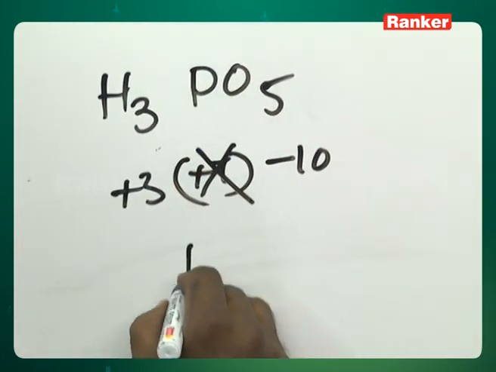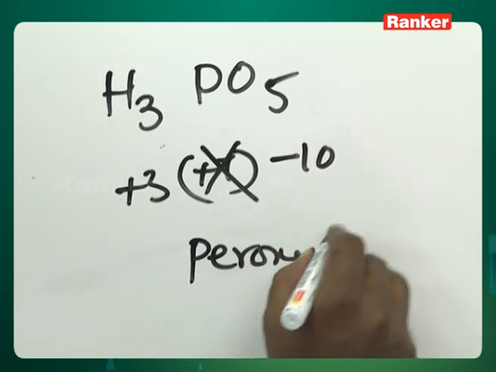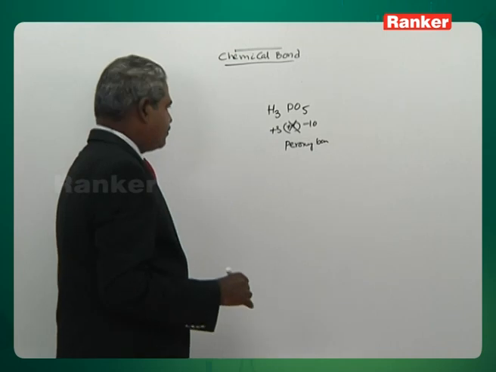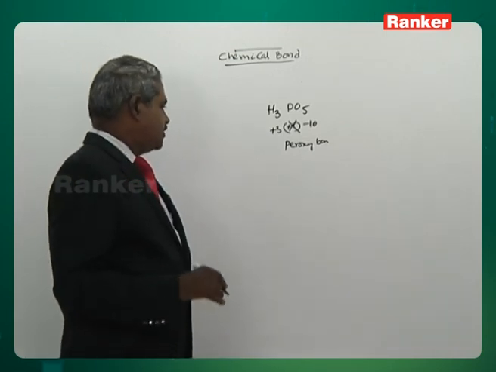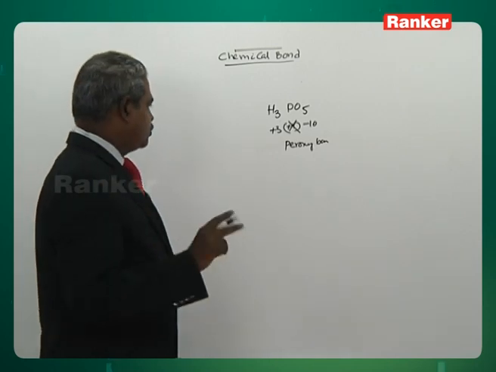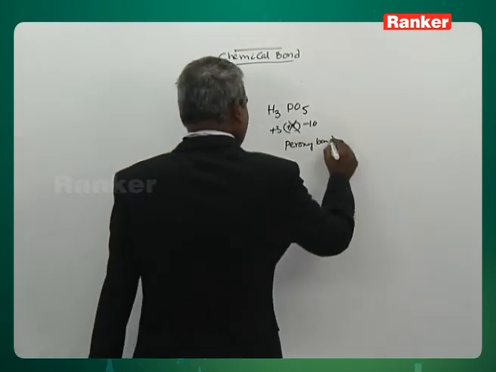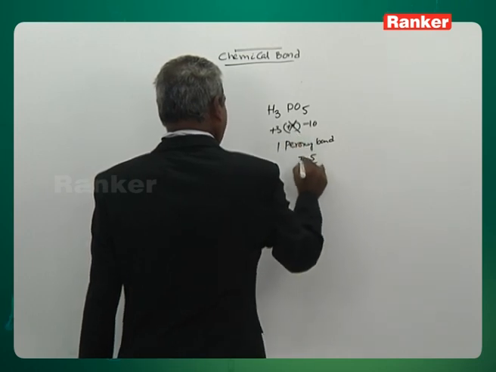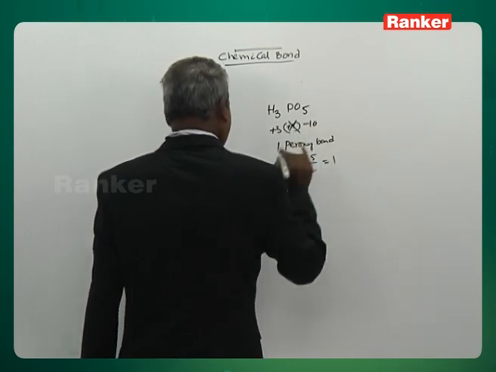Plus 7, therefore, it contains a peroxy bond. How many? 7 minus 5 by 2. Impossible is 7. The demand for electrons is 7, but oxygen can meet a demand of 5 only, maximum 5. So, 2. 1 peroxy bond. 7 minus 5 by 2, impossible minus maximum by 2.